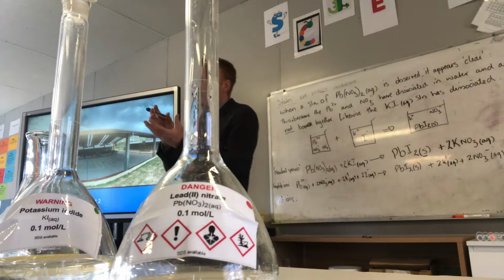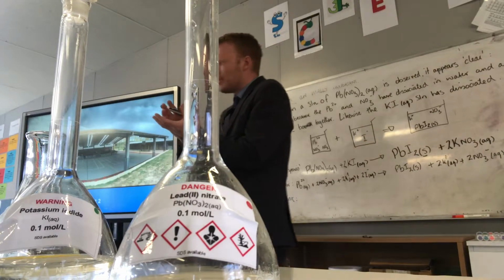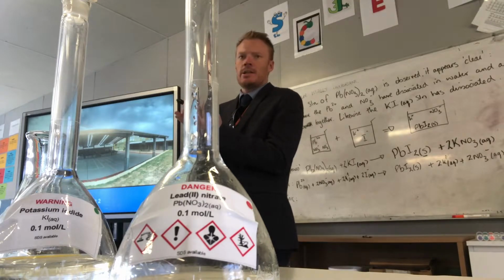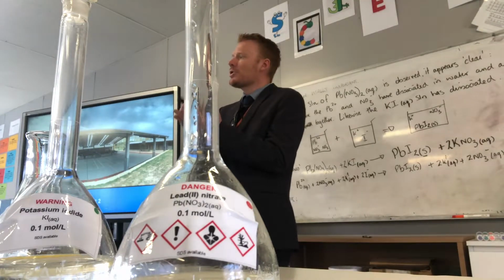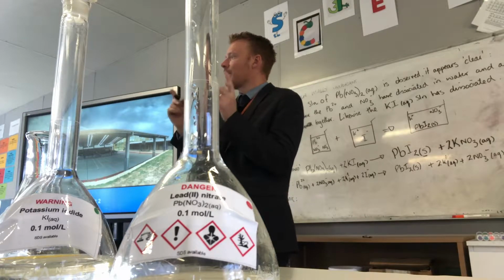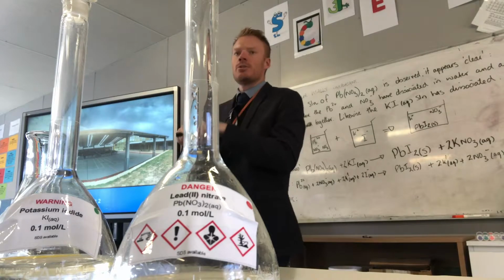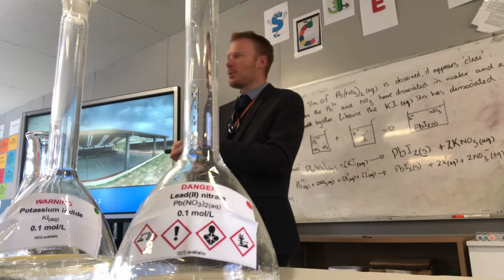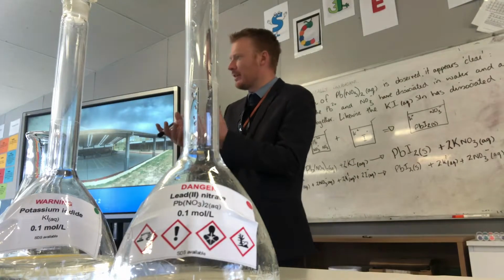The net ionic equation in chemistry says just include the stuff we're interested in here. Just show me the ions that actually did something. In other words, it says get rid of the spectators and just include the ions that changed their form. That's what a net equation is, just the interesting stuff.